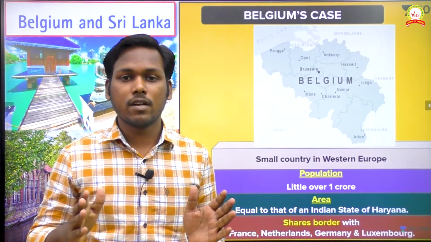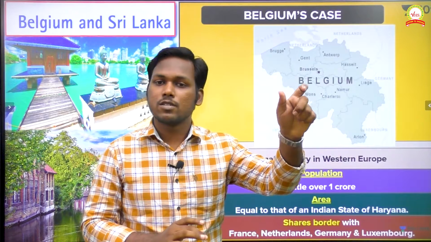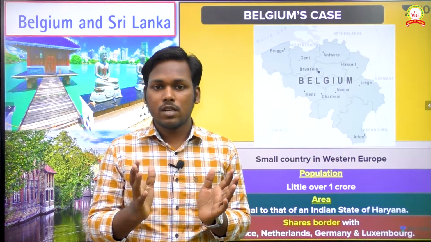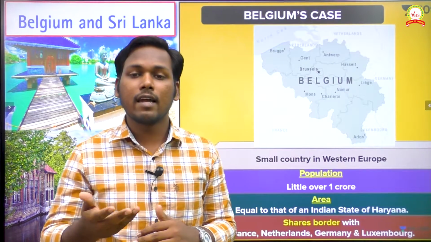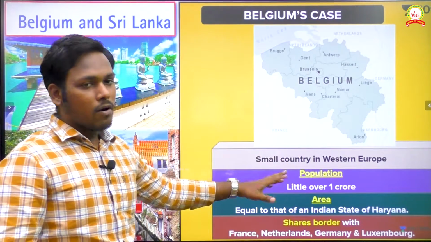All these 7 countries are the vital ones. Afghanistan shares very little border, Bangladesh shares a very huge border. Whenever we are studying about India, we should be more particular. Fine, so this is all about Belgium.